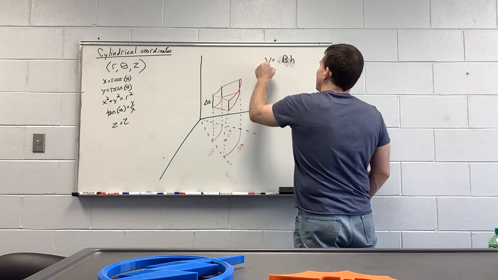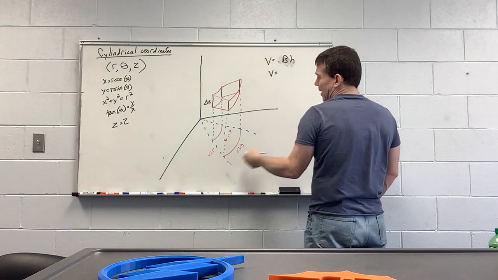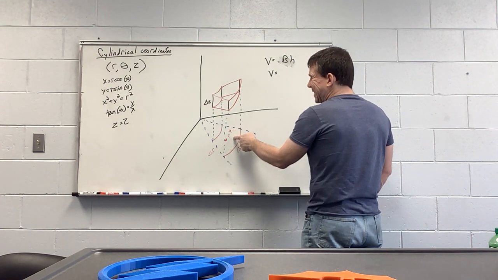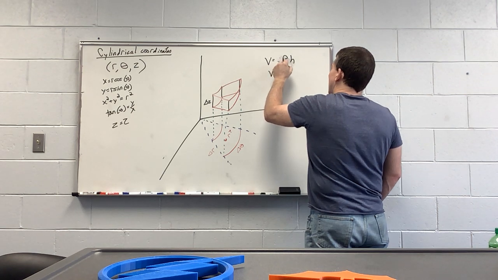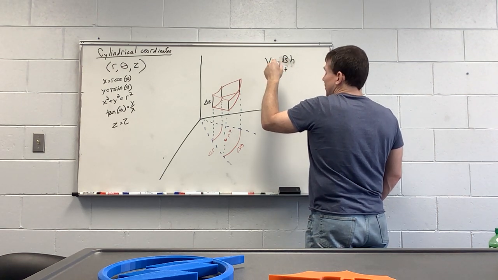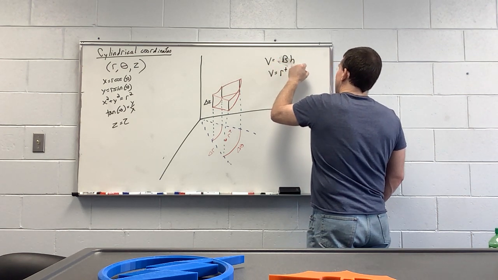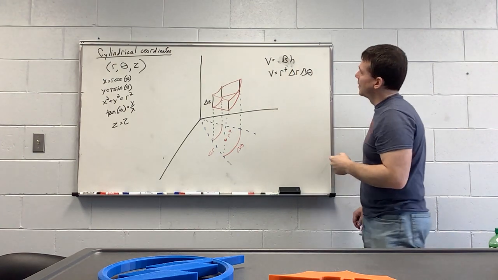So now, my volume, area of the base shape, we already calculated it last time using this R plus, which made it easier, and we got R cross delta R delta theta.